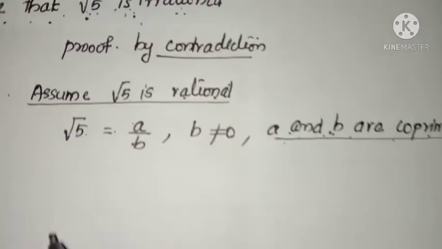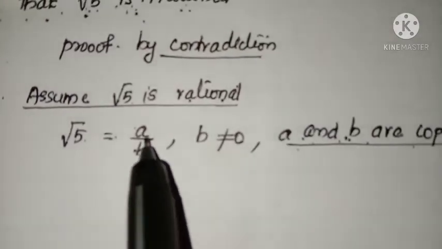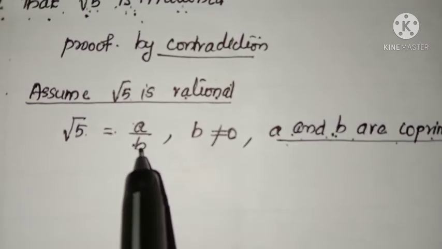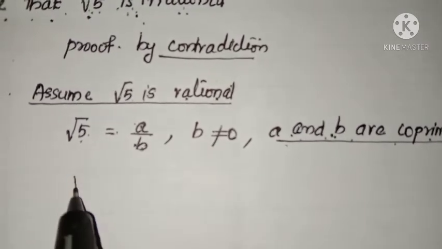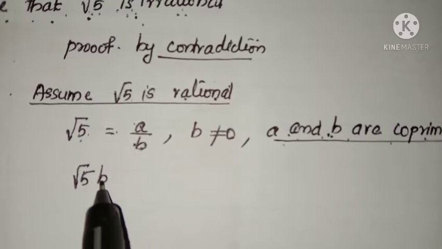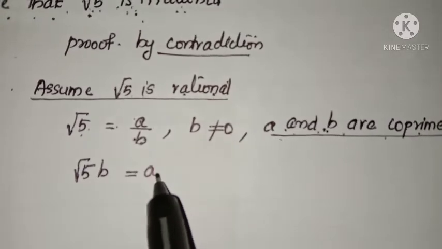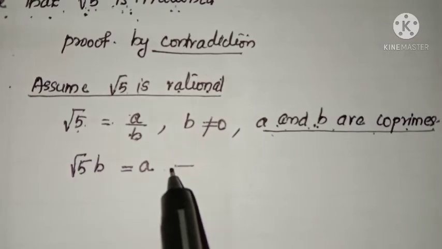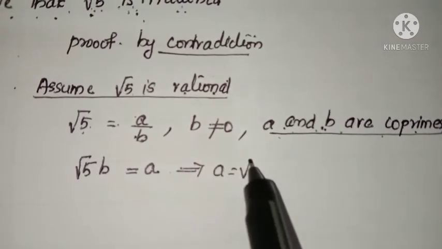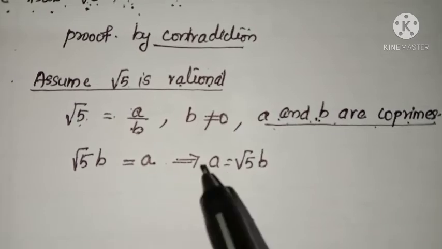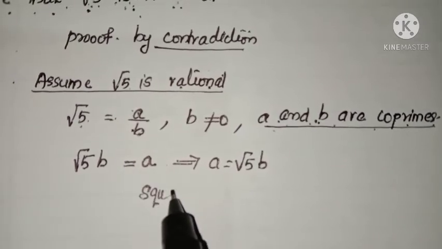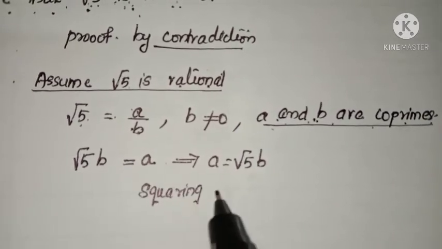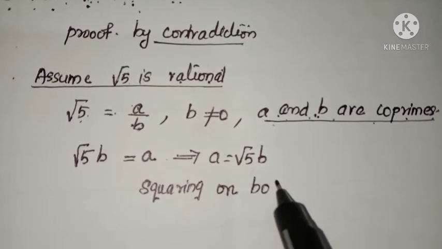Now look here, root 5 is equal to A by B. From here, take this B to the left side. So root 5 B is equal to A, or A is equal to root 5 B. Now the next step is squaring, squaring on both sides.